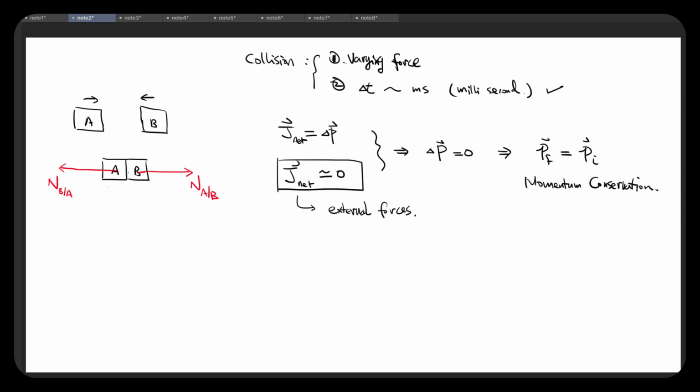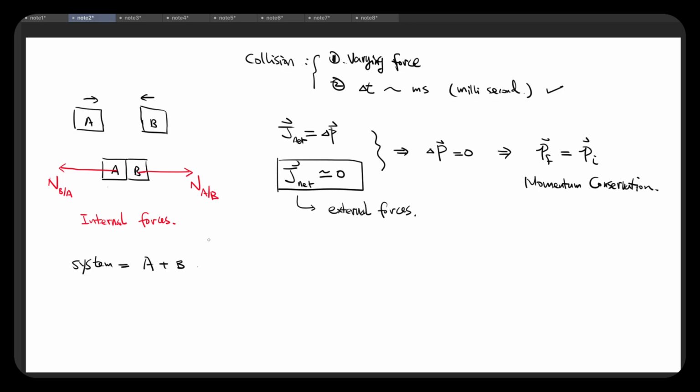But we're going to say that these two forces, they are internal forces. So they do not go in the calculation of the net torque. If we say our system is A plus B, okay, so our system is not A or B, it's A and B together, right?